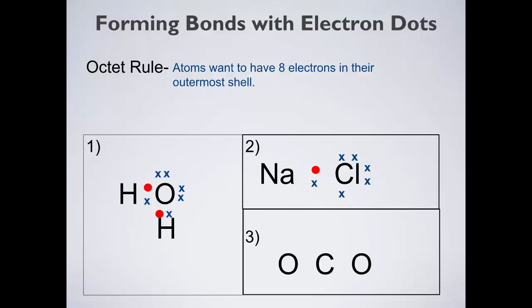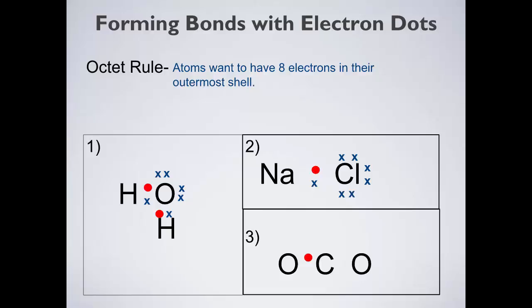And that gives chlorine 8. And since sodium has gotten rid of its electron, what's the next shell below that? Look at sodium on your periodic table. It's 2, 8, 1. So it gets rid of the 1. The next shell down is 8. That's full. It's happy. So again, both of these elements are happy, and we form the ionic compound sodium chloride.